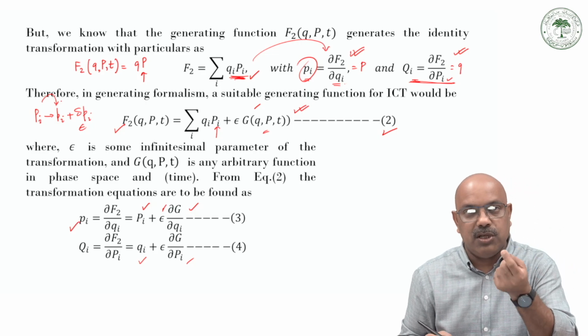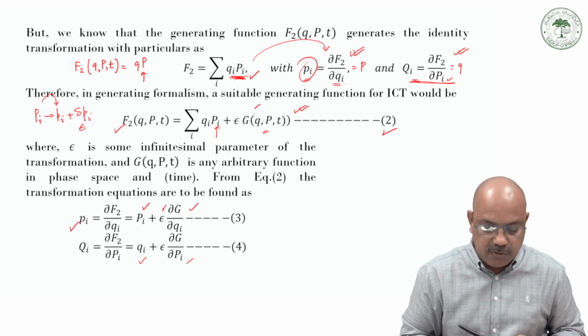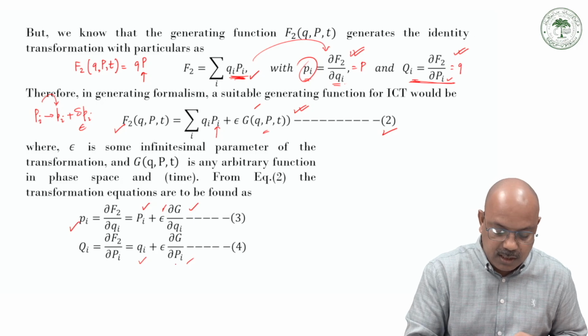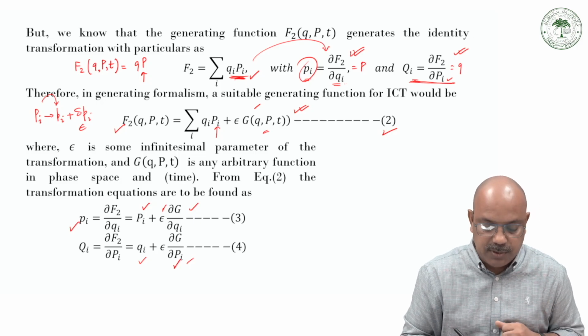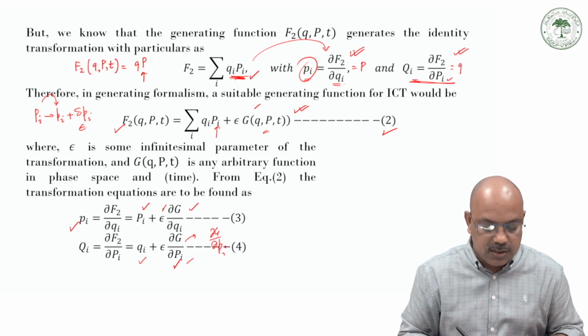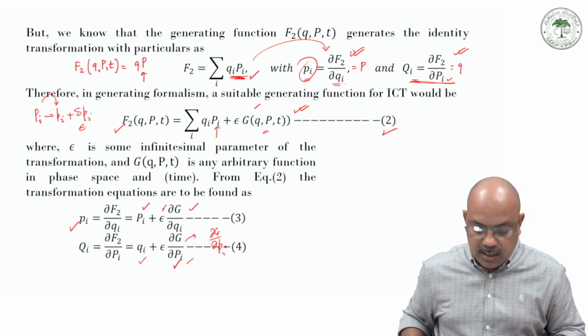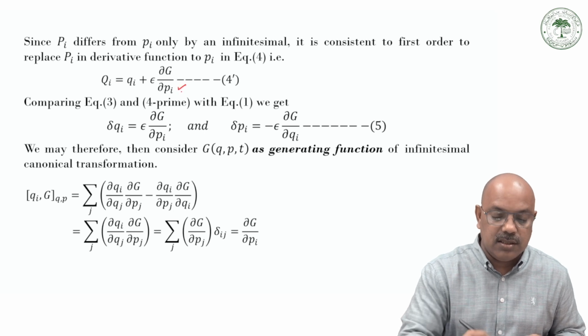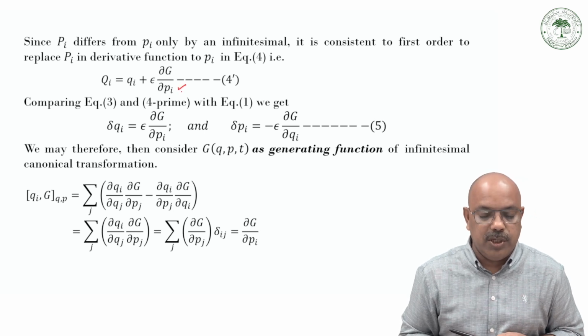The transformation being infinitesimal, for differential purposes we can replace capital Pi with small pi. So I write this as delta G upon delta small pi.